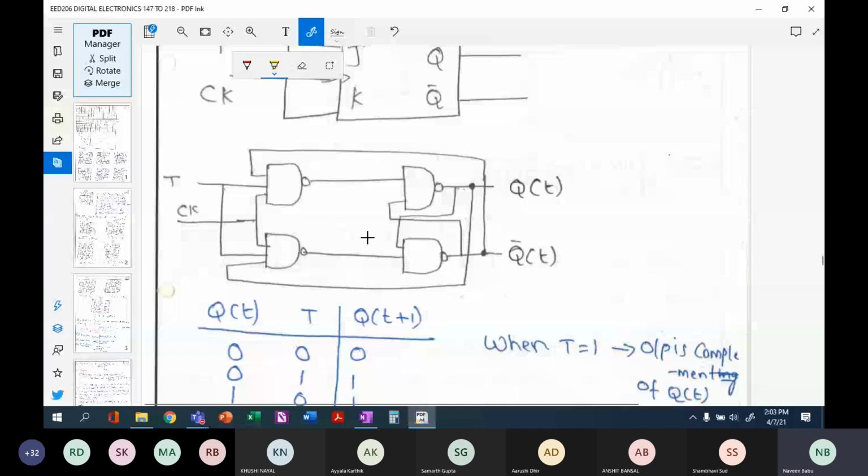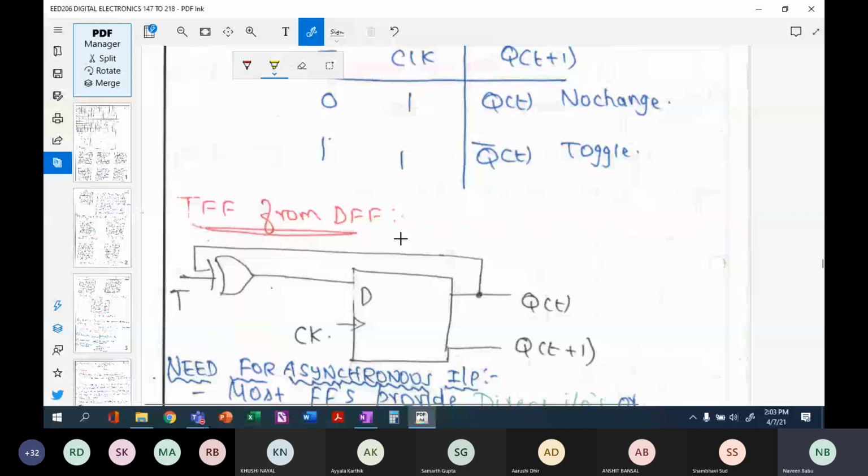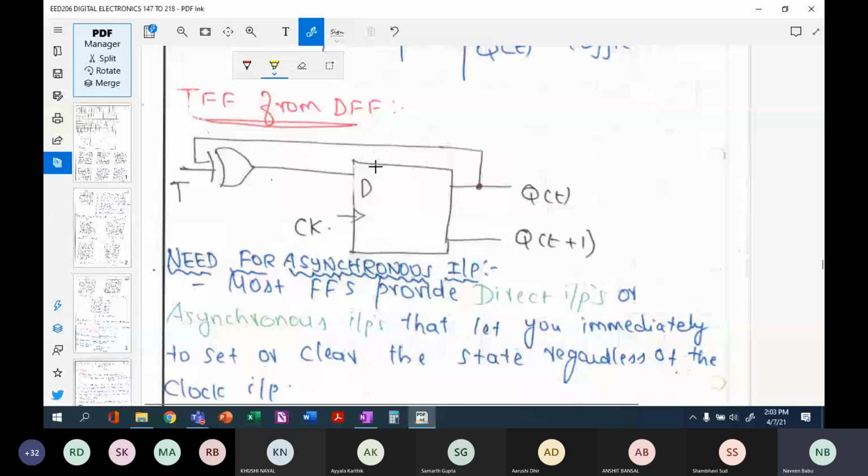We did a very simple example, the conversion of D flip-flop to T flip-flop, which was based on logic, whereas there is a step-by-step procedure for how to convert one flip-flop to the other flip-flop.